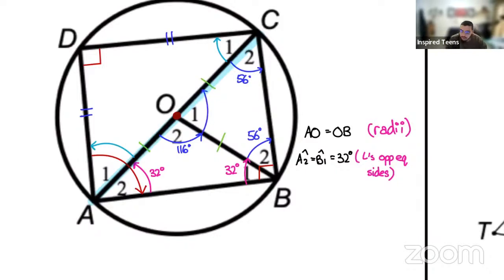And this is going to be 180 minus 116 is 64. We could have also said 180 minus 56 minus 56. We'd have also got 64. Now we have O1.